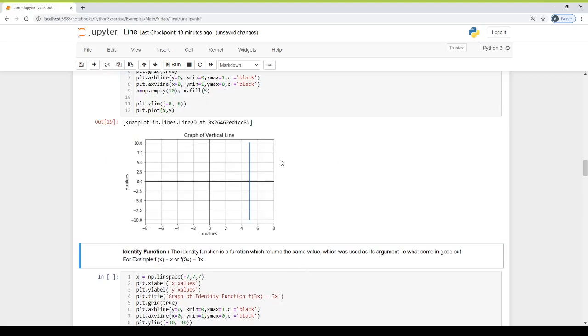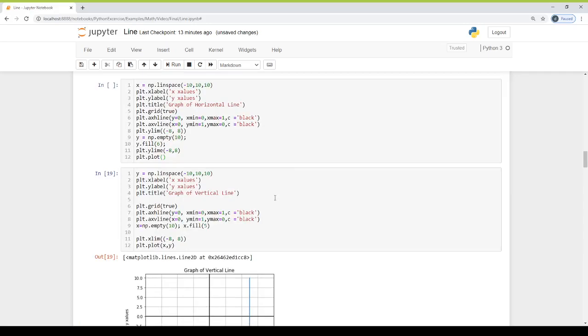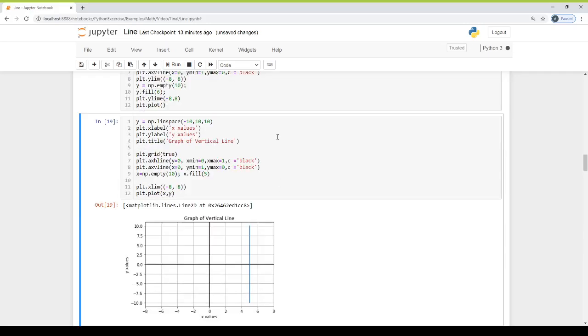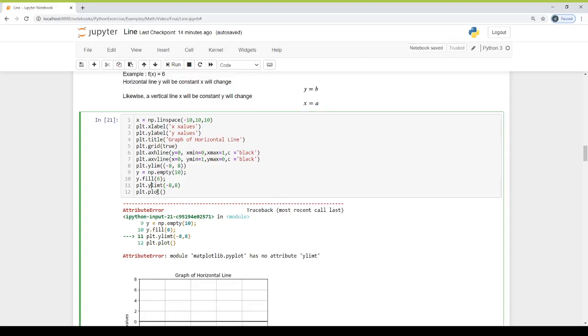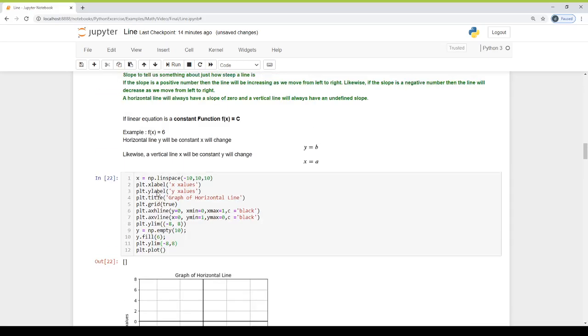So this is our y limit, and x and y give this horizontal line.